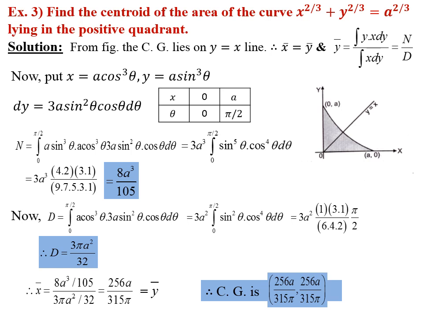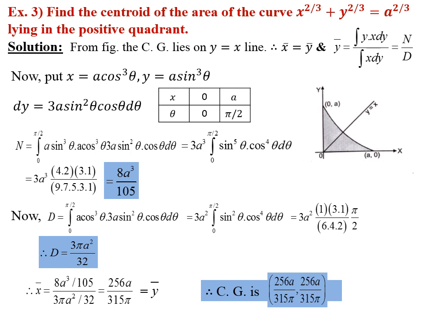As well as if we want to find out the CG of a solid body, then we need to find out three different coordinates, x bar, y bar and z bar. As you can see the length of these examples which we have covered in our slides, you can imagine the length of the example based on the solid region to find out the centroid of the solid body.